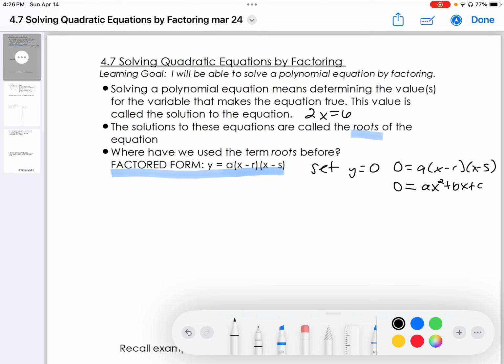Okay, so when you had last unit, when you were going to find the roots, then whatever was inside the brackets, you could have set it equal to 0 and solved, or isolated the x value.